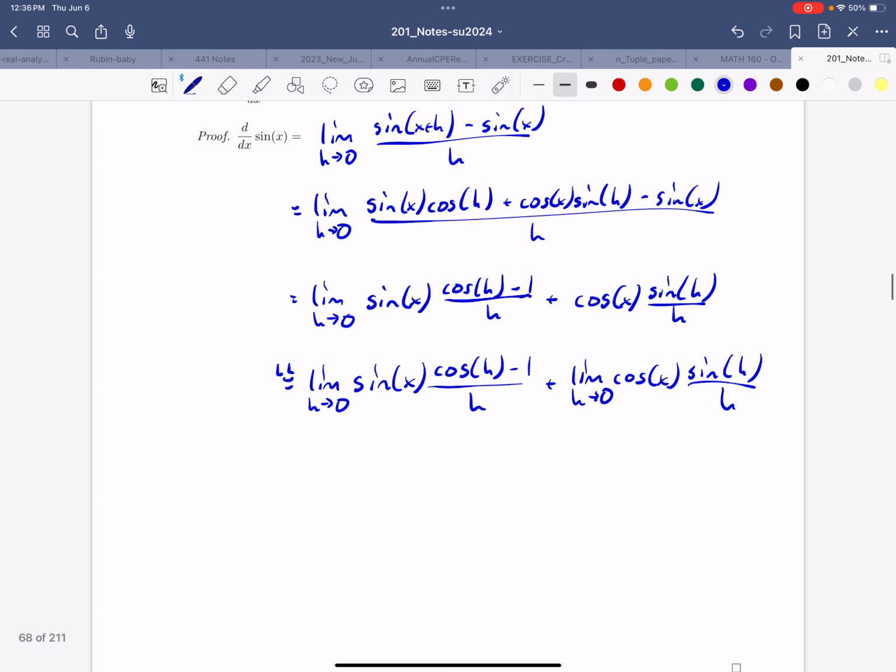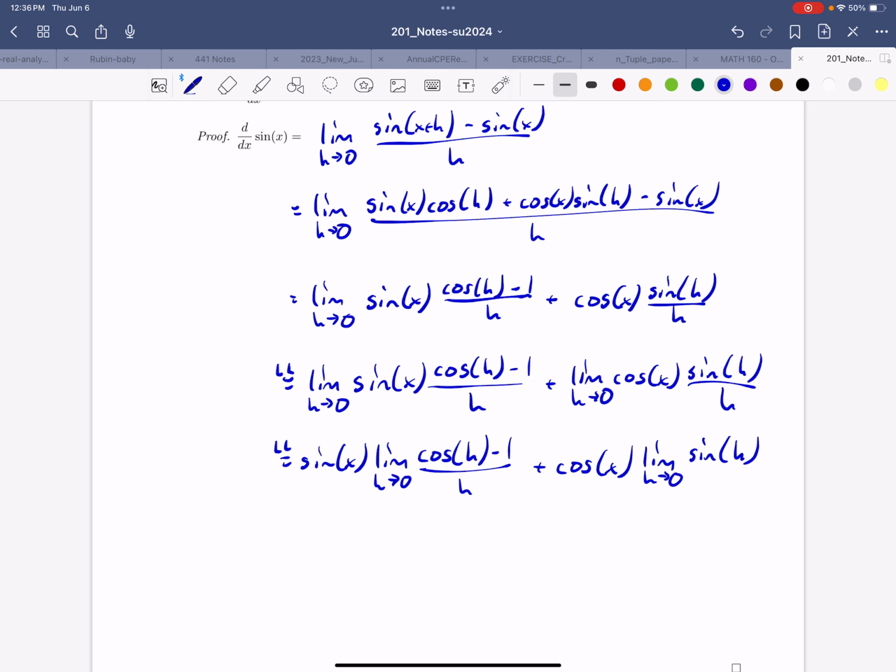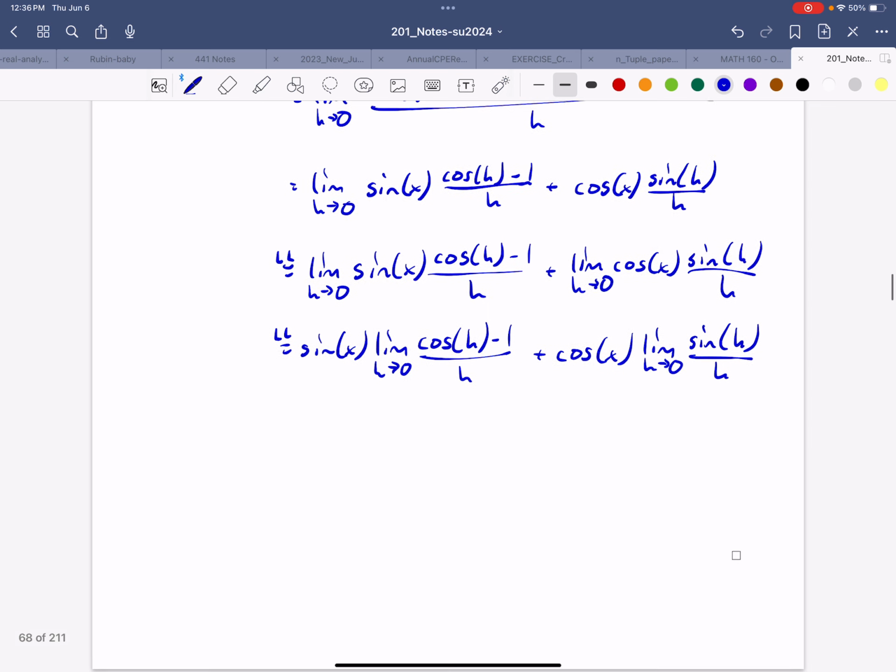Well, thinking about this, in fact, we can even use limit laws a little bit better. Take the sine and the cosine all the way out of the limit. So really, we're just worried about these two limits.